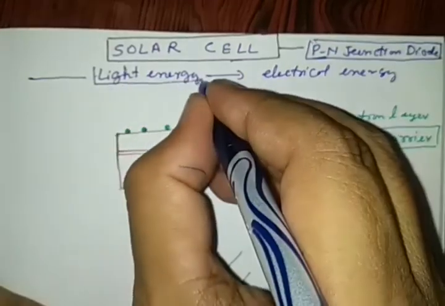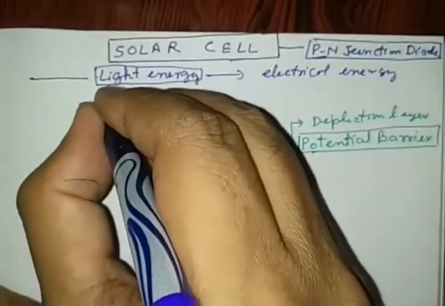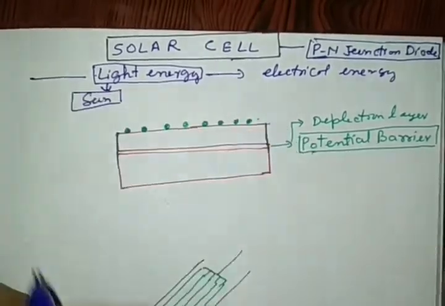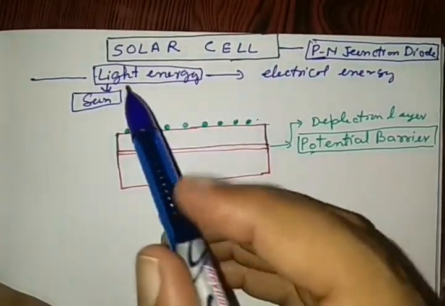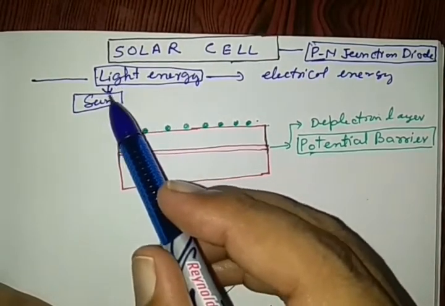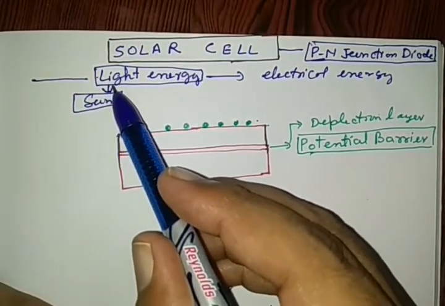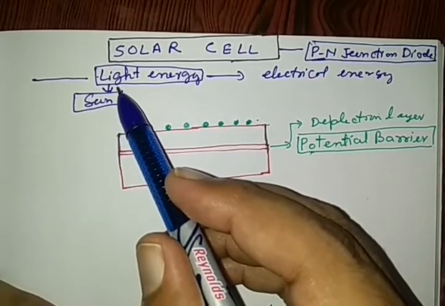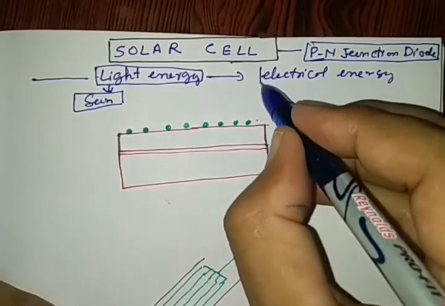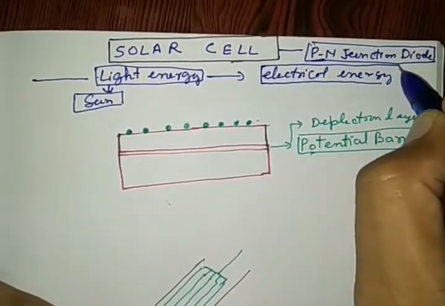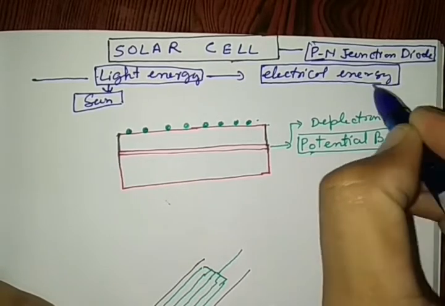Light energy we normally get from the sun, a natural source of heat and light energy. This light energy and heat energy given by the sun is available in huge amounts, and this energy can be utilized to run household appliances by converting it into electrical energy.